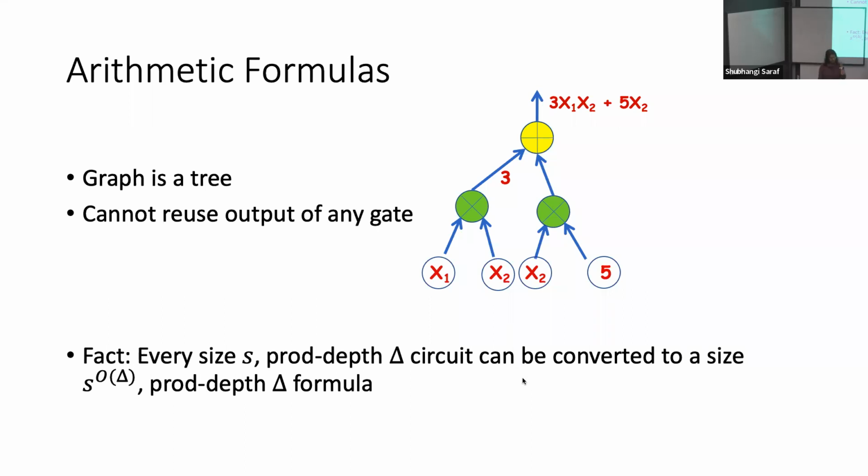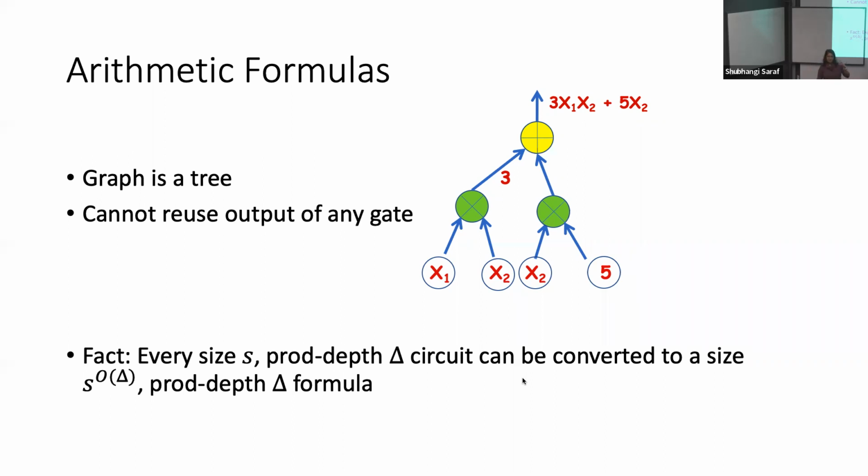An easy to verify fact is that if you have a size S circuit of depth delta, where you can think of delta being small, then you can convert it to an equivalent formula just by repeating the gates enough times, with some blow up in size.